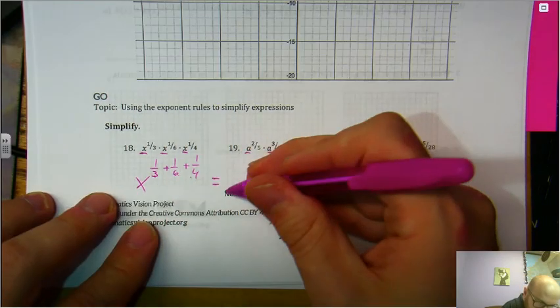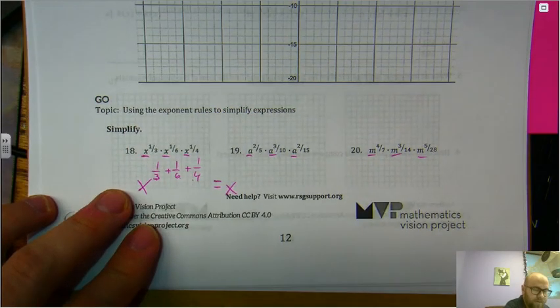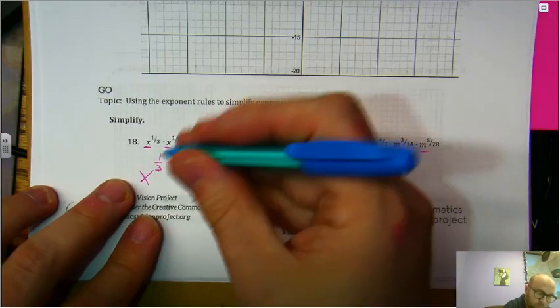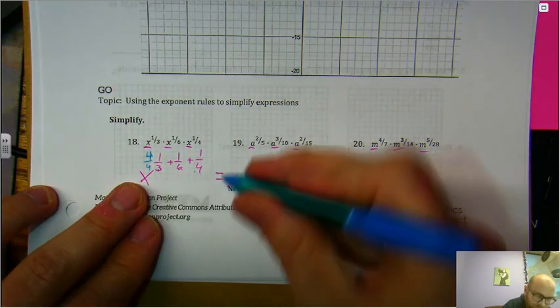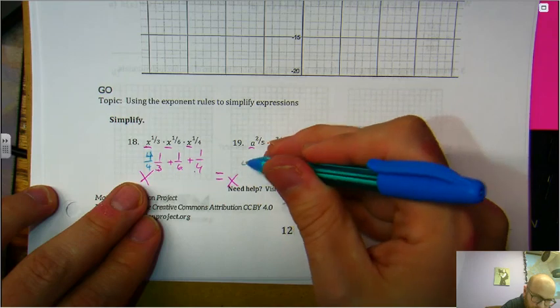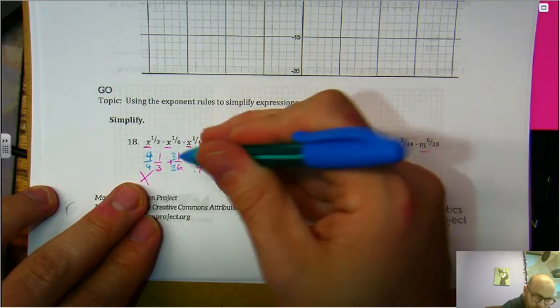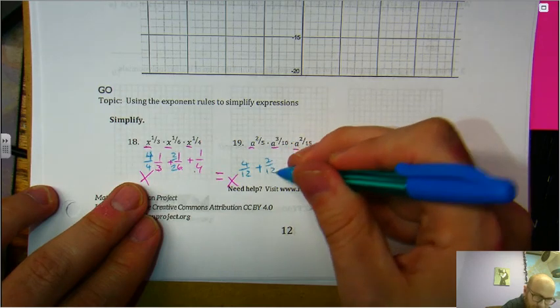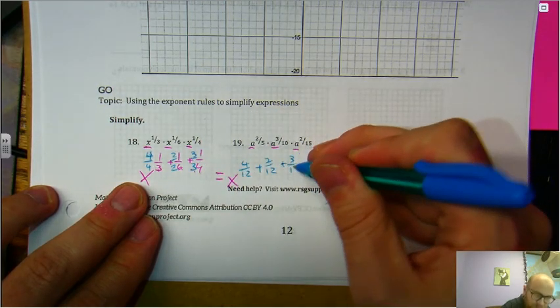So to get this to have a common denominator of 12, we need to multiply it by a special form of 1, 4 over 4. So that's going to become 4/12. This needs to be 2 over 2 to become 2/12, and this needs to be 3 over 3 to become 3/12, right?